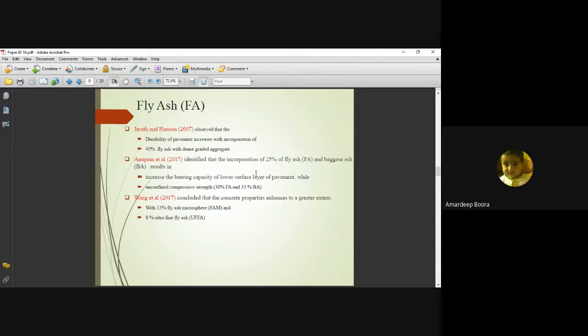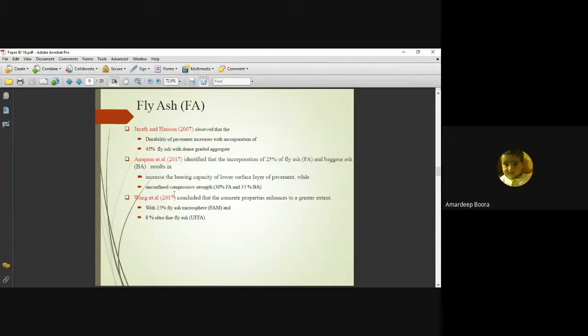While Anupama et al. in 2017 proposed that 25% of fly ash and bagasse ash result in an increase in the bearing capacity of the lower surface layer of pavement, while unconfined compressive strength will increase with 30% fly ash and 35% bagasse ash. Actually, this paper is focused on the utilization of this waste material as the lower layer of the pavement.